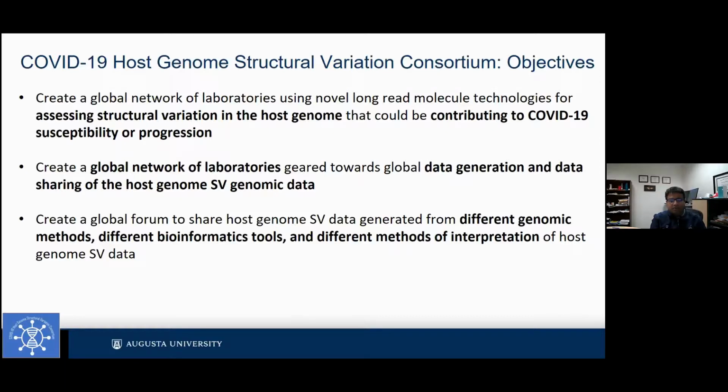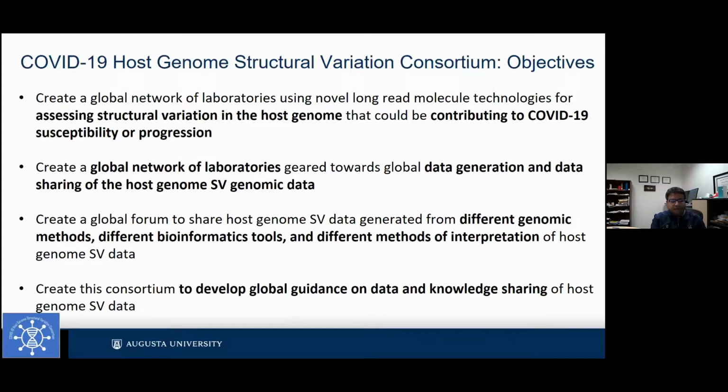So it's not just one lab or one method of sequencing or one platform of sequencing. The labs which are part of our consortium come from different backgrounds with different bioinformatic tools.